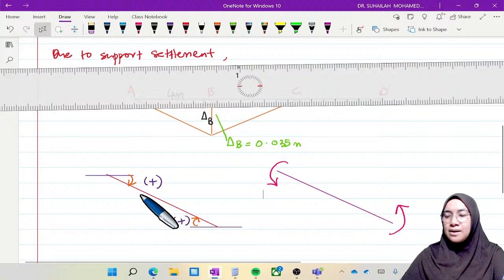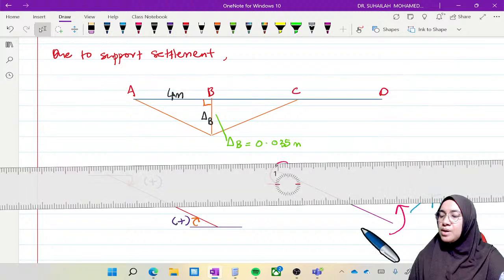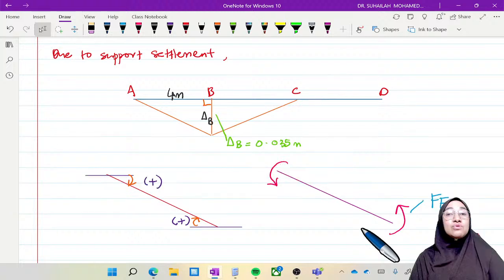This is how we analyze and understand the FEM due to delta, due to settlement. So for AB, if the angle is positive, FEM is negative. This is the angle.